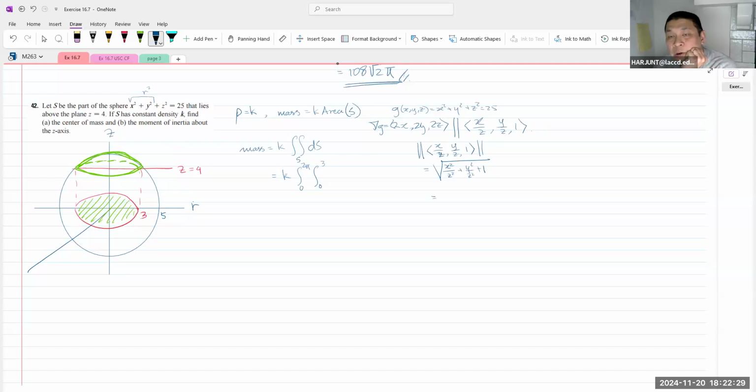That will give me, on the numerator, 25, and the denominator gives me z squared. So the square root will be 25 over z, which is the square root of 25 minus x squared minus y squared.